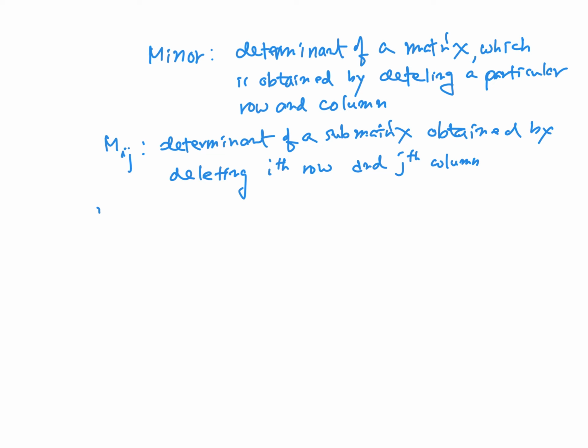And for a 1 by 1 matrix, the determinant is the same as the number itself.